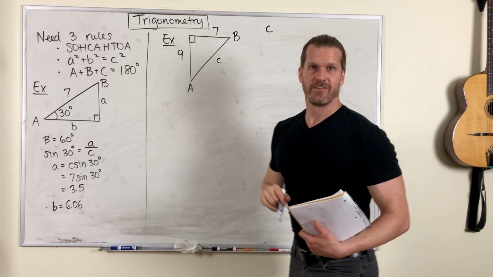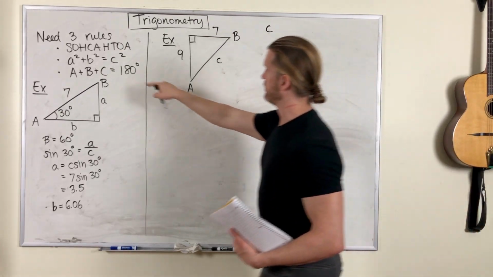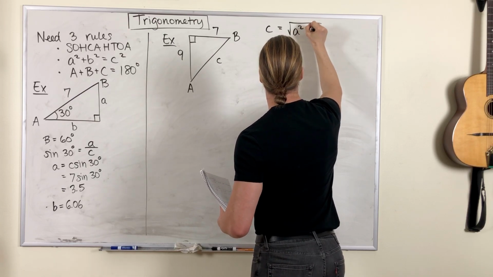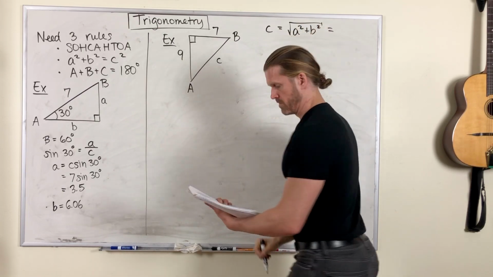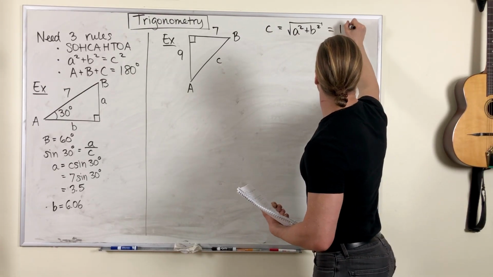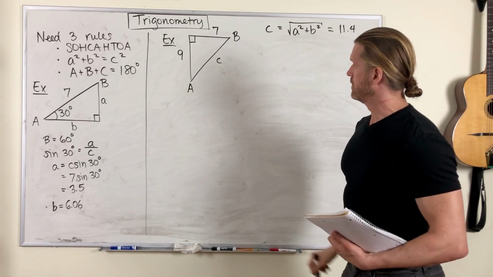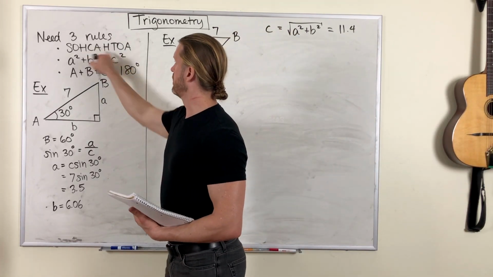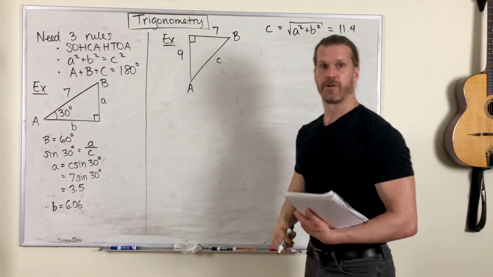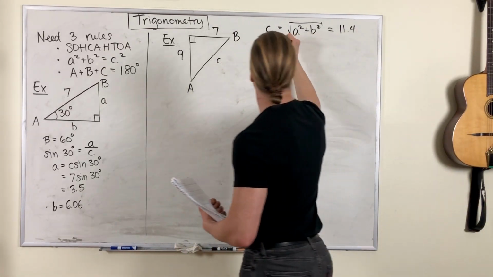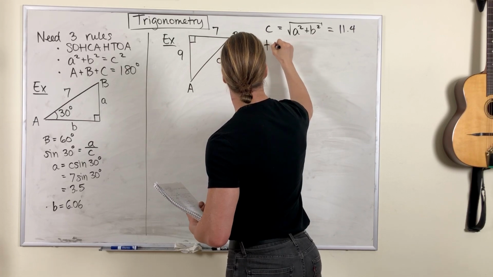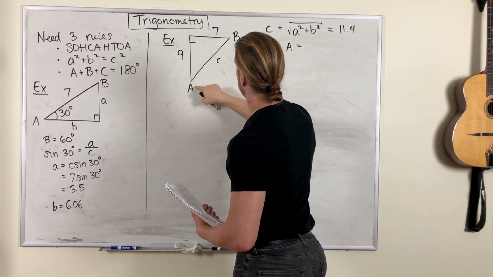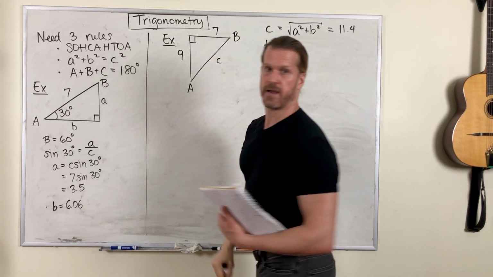Let's find C, side C first. That's pretty easy. We can use the Pythagorean Theorem. C equals root a squared plus b squared. It's 11.4. And now to find these angles, we can use our trig functions. Maybe say tangent of angle A is opposite divided by adjacent.